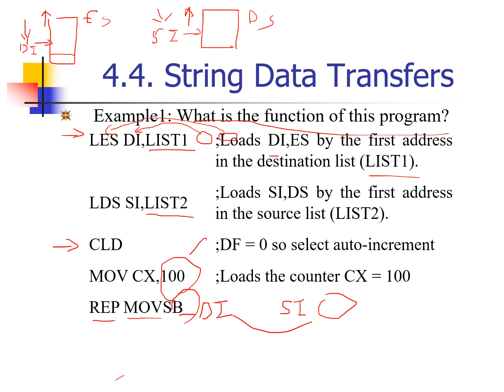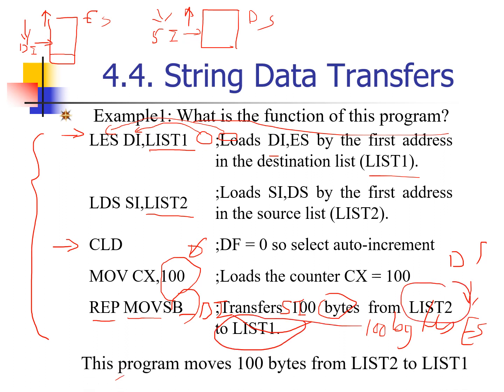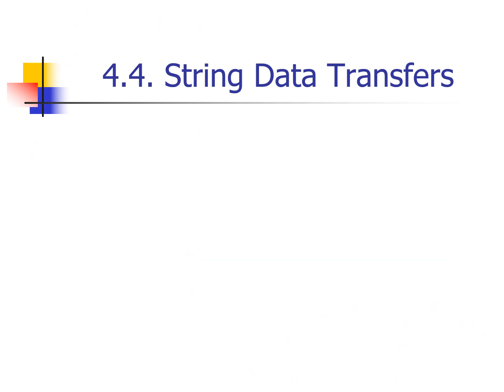And you do this 100 times, which means this code is going to move 100 bytes of data from your DS to your ES. This is what it does. Or from list 2 to list 1: 100 bytes from DS list 2 to ES list 1.